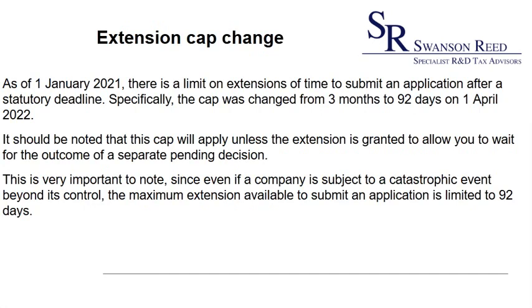It should be noted that this cap will apply unless the extension is granted to allow you to wait for the outcome of a separate pending decision. This is very important to note, since even if a company is subject to a catastrophic event beyond its control, the maximum extension available to submit an application is limited to 92 days.